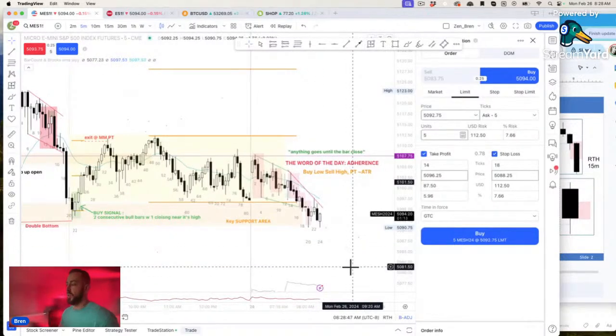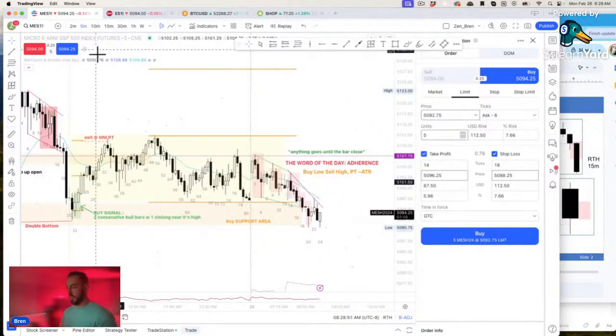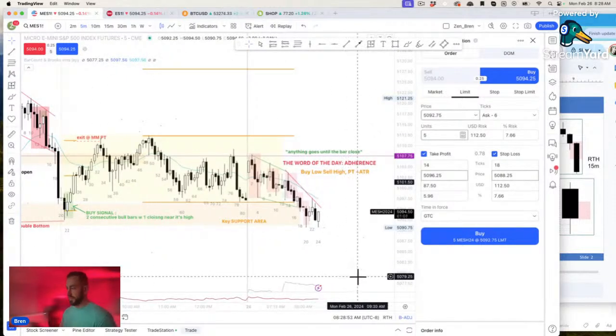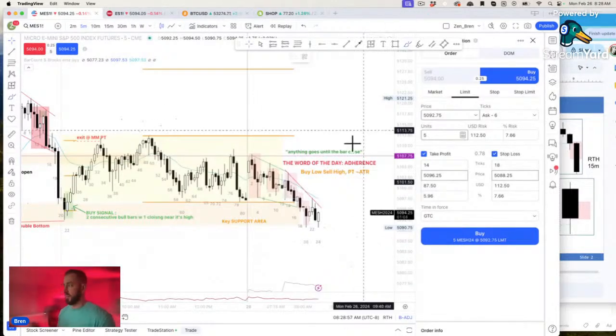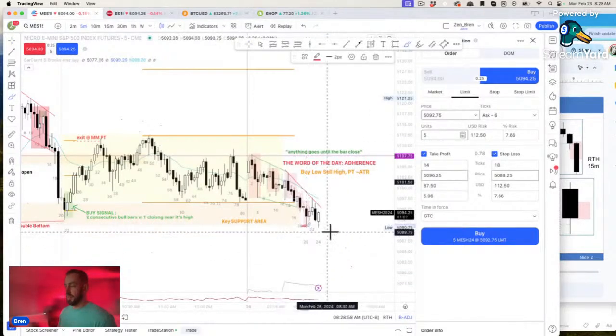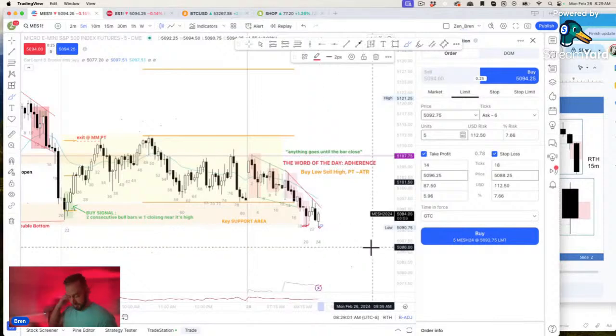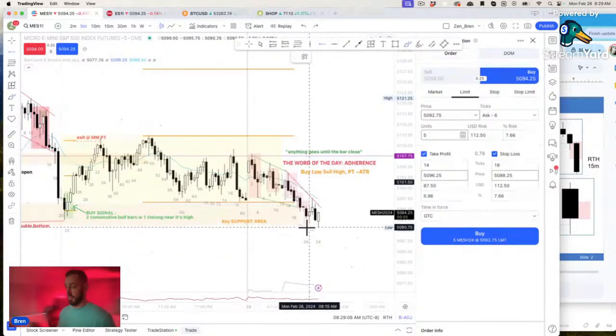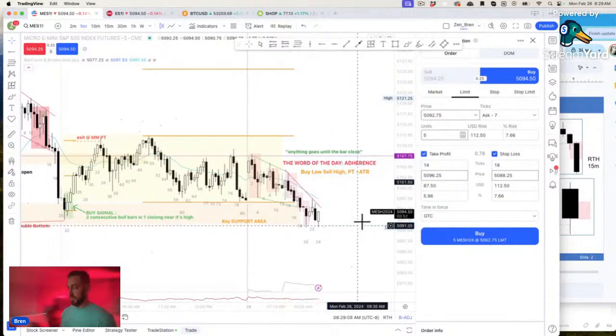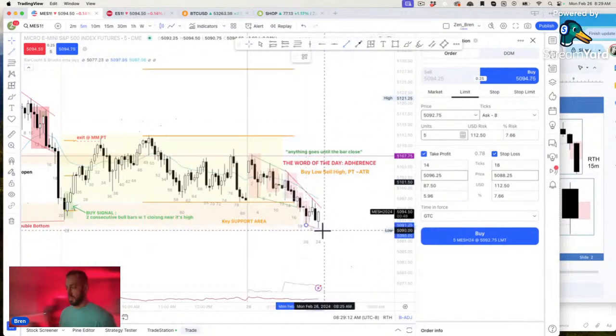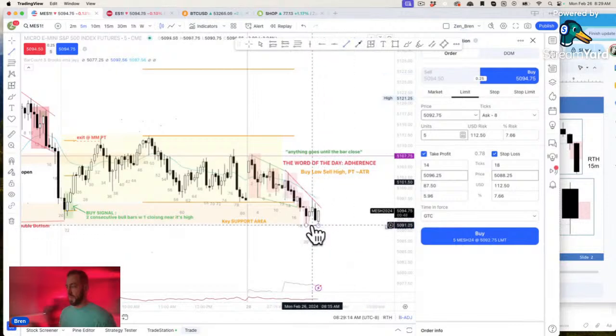All right, so I think the bull's probably coming in here. Bull's looking to make a double bottom right here. That's what the bulls are wanting.